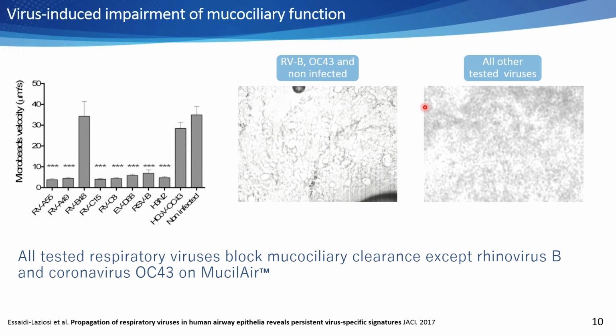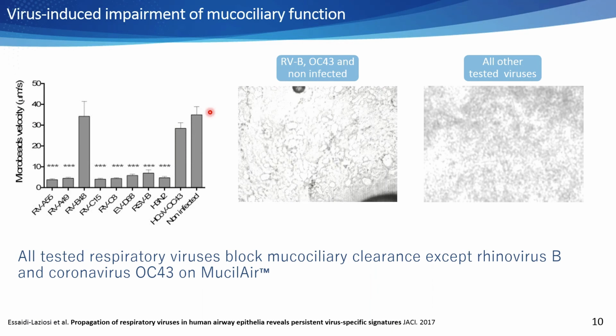This is replicated in vitro on the mucociliary systems, where you have a synchronized movement of cilia, and if you add some particles on top, you can track the movement of these particles with time, which could be quantitatively analyzed, and this is a non-infected condition.